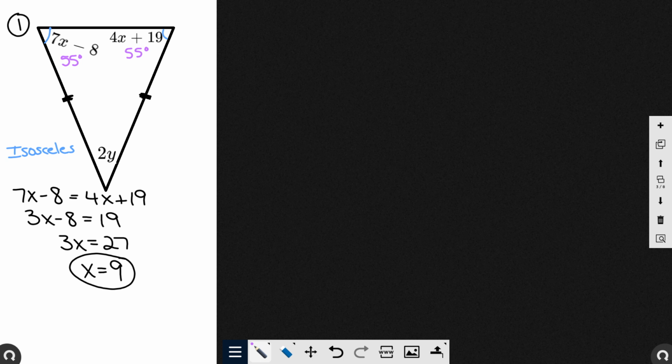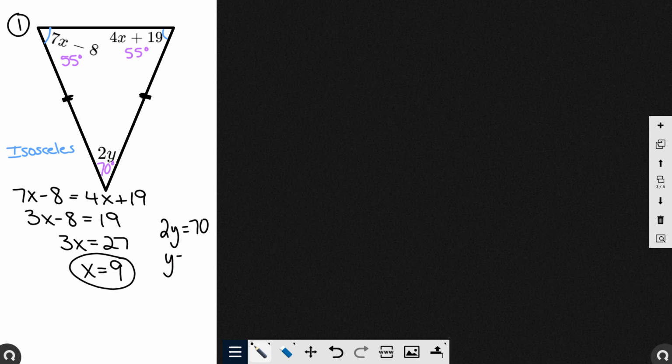Now, we know in a triangle, all three angles need to add to be 180. So if these both are 55, 55 and 55 together make 110. So how much is our missing angle? 70. So this angle should be 70 degrees, which is going to help us find that missing variable y. So now we have a second equation to set up. 2y equals 70.